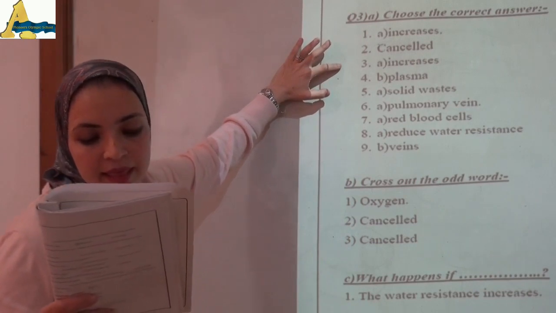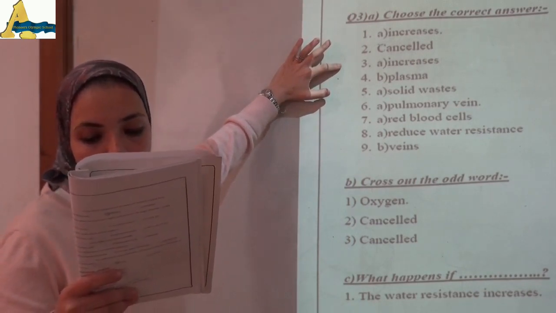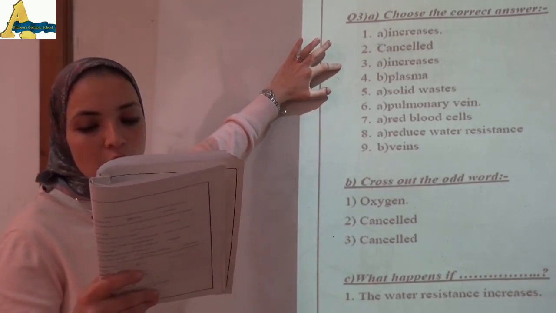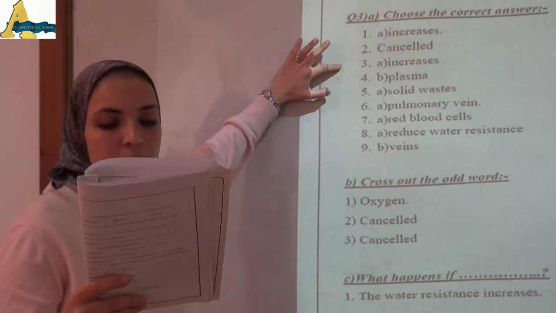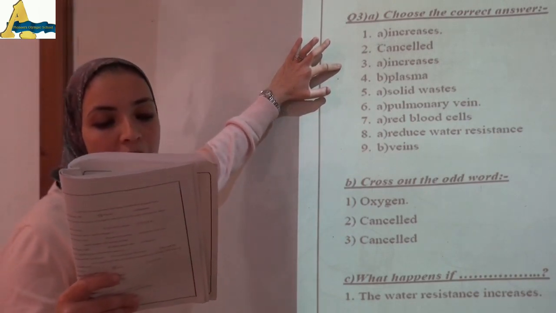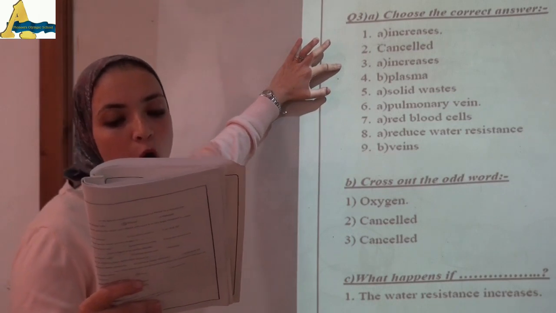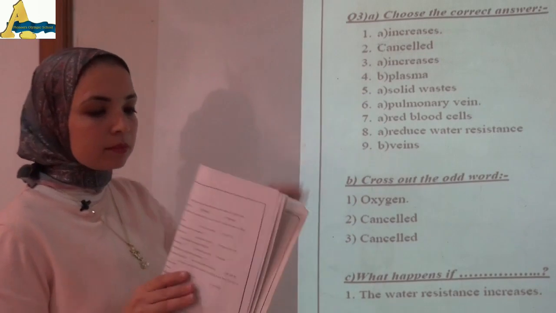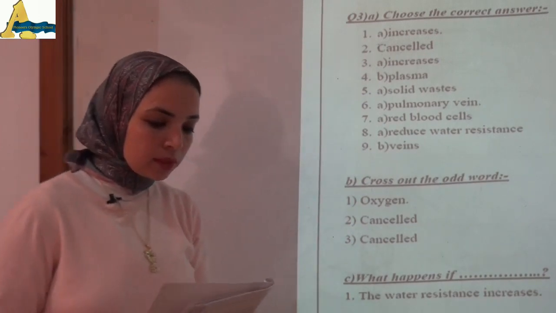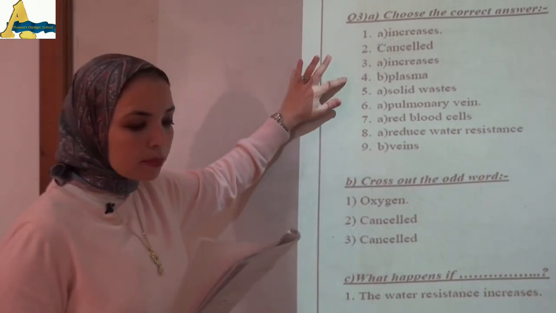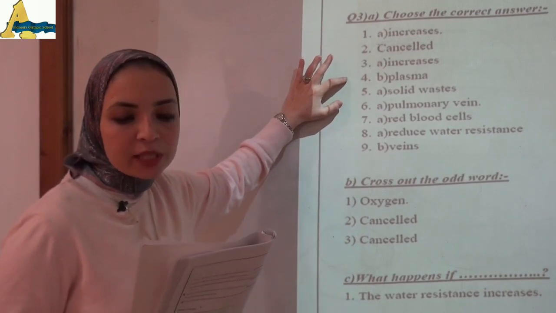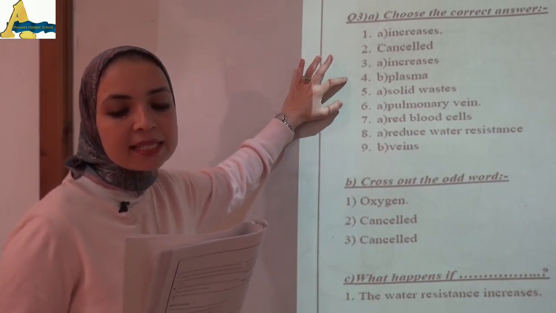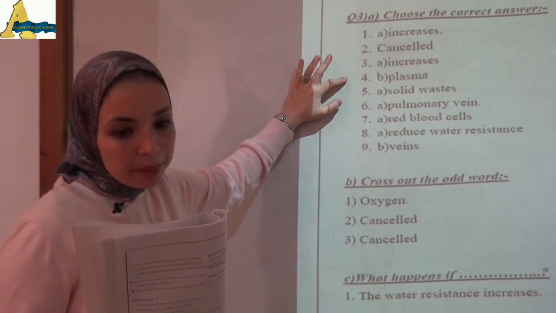Number 3, the rate of your heartbeats. When you are running for a long distance, of course, it will increase. Why? To obtain more energy. Number 4, what is the blood component that keeps the blood in its liquid form? Plasma.